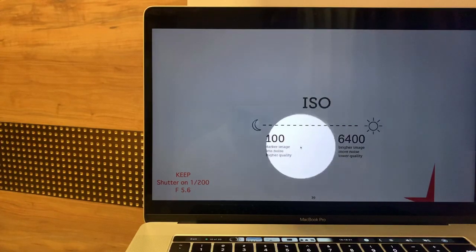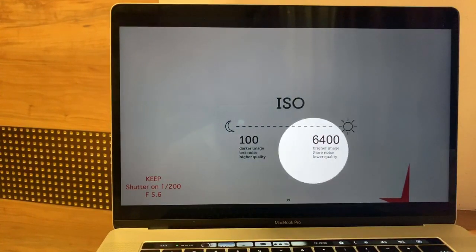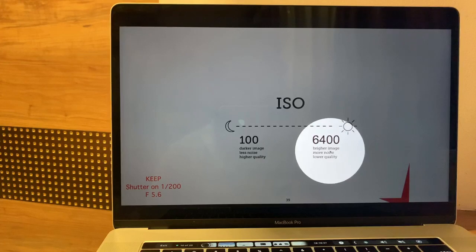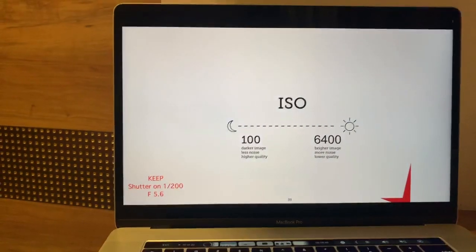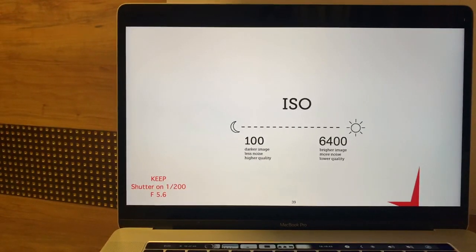And if you keep 6400, you'll have a brighter image, you'll have more noise as compared to ISO 100, and you have a lower picture quality. This is what happens if you play with your ISO. So the basic point is, if you increase your ISO, your image brightness will increase, and so will your image noise.